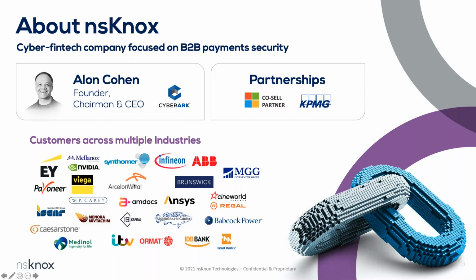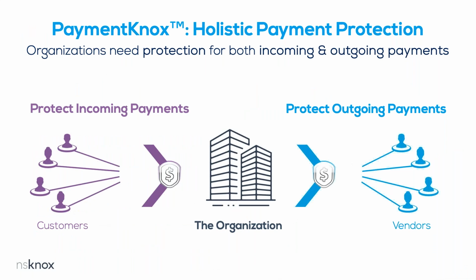And given that fraud can actually happen to yourselves, your organization, any of your suppliers, any of your customers could fall victim to payment fraud, nsKnox provides a holistic end-to-end solution that covers both incoming and outgoing payments. So incoming to ensure that when your customers and business partners pay you, you actually get the money and they don't pay a fraudster and avoid these cash flow damages and so on. And outgoing payments, obviously, to ensure that at the end of the day, when you actually effect payments, they go to the right account.